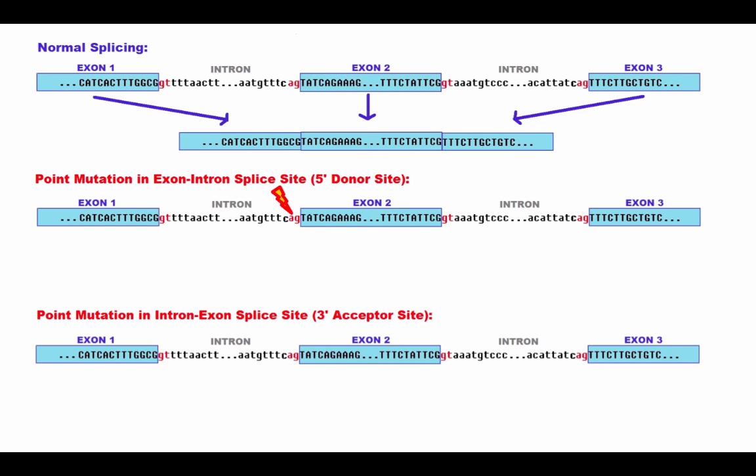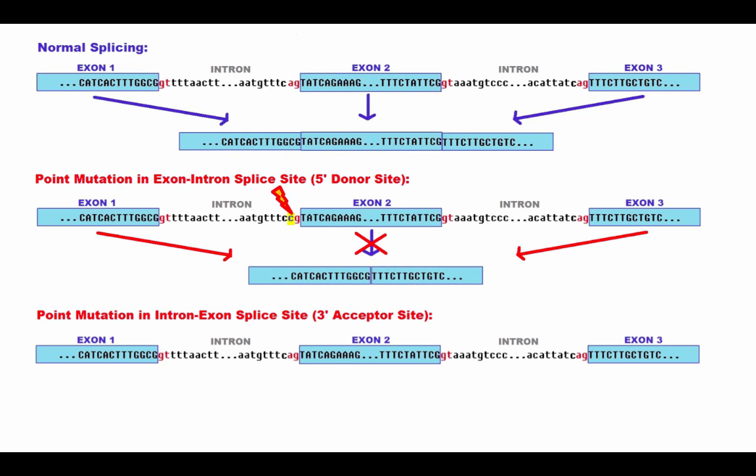There's the lightning bolt, and it's changed from adenine to cytosine. So instead of reading AG and being a normal 5' donor splice site, it now reads CG. Because of this change, exon number 2 cannot be fully excised out of the initial mRNA transcript. This is going to result in a truncated mature mRNA transcript that only possesses a fusion of exons number 1 and number 3.